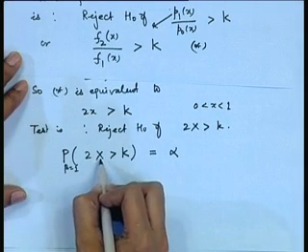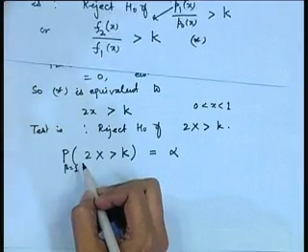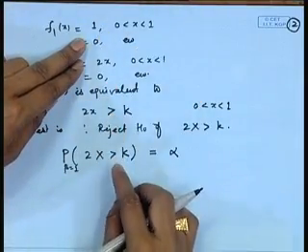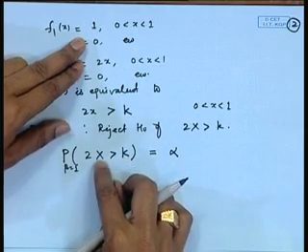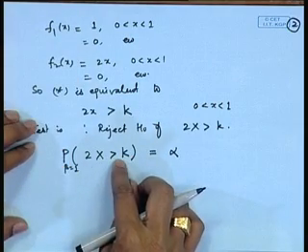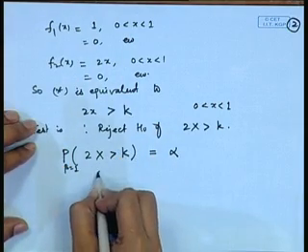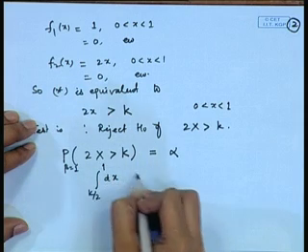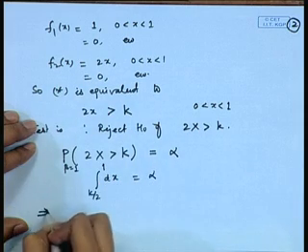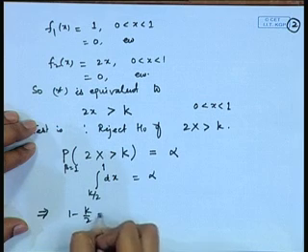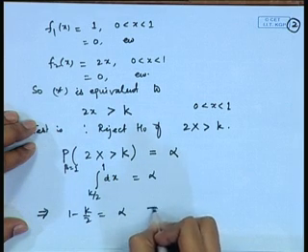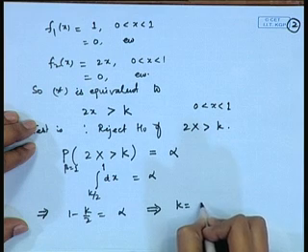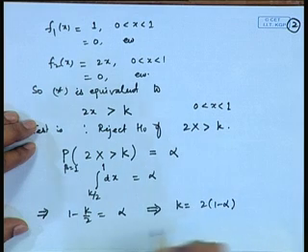Now, when beta is equal to 1, the density is uniform distribution. So, this value can be calculated, this is the probability of x greater than k by 2. So, this becomes the integral of dx from k by 2 to 1, which is equal to alpha, or you can say 1 minus k by 2 is equal to alpha, implying k is equal to twice (1 minus alpha).